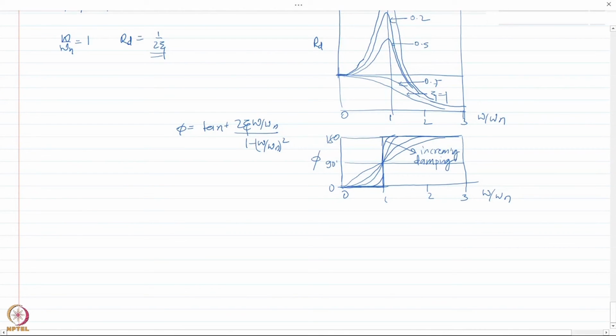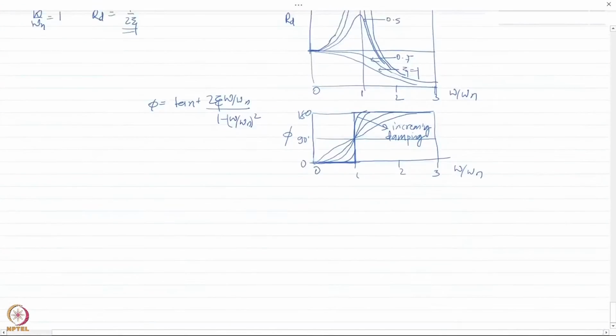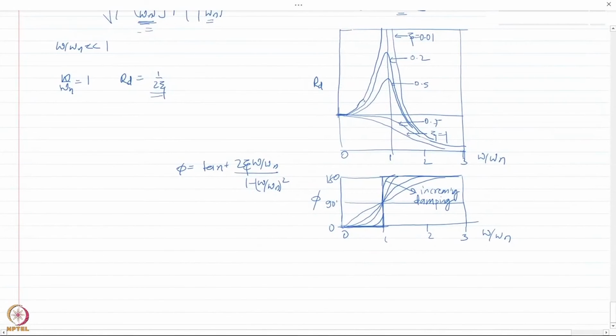So the way we utilize all these results is in the design of different types of systems. For example, if somebody says to you that within the limitation of the properties of a system, you want your response or dynamic amplification not more than, let us say, if this is 1, 2, 3, 4, whatever here, they want that the system or the support can sustain only the deformation up to this.